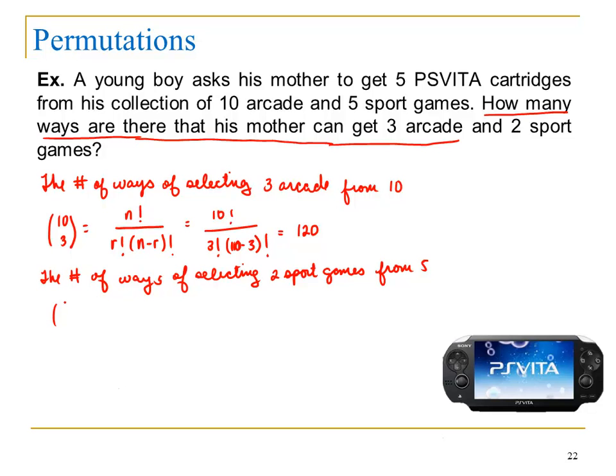So in this case, we have 5 to select 2, and this is 5 factorial divided by 2 factorial times 5 minus 2 factorial, and that is equal to 10.